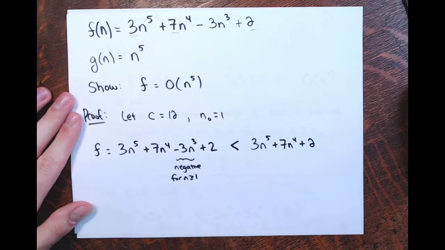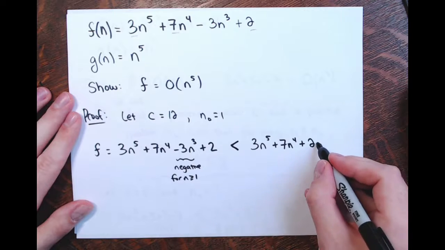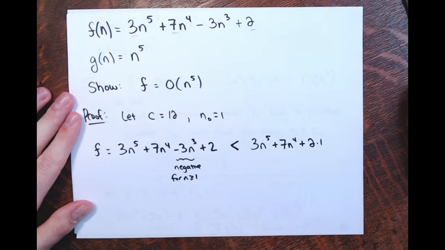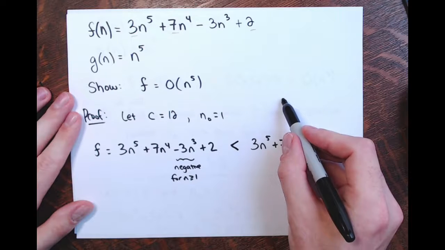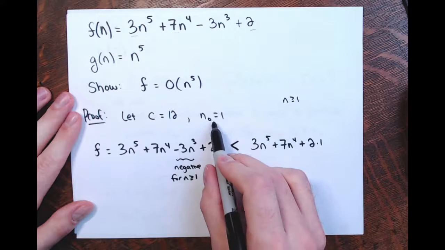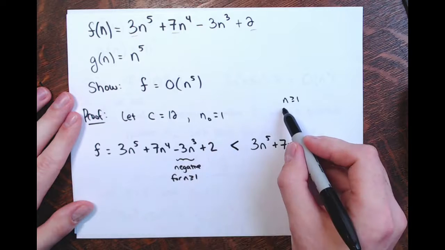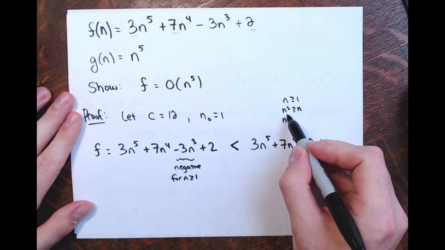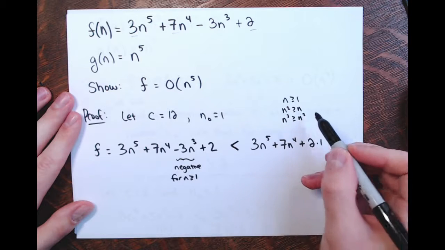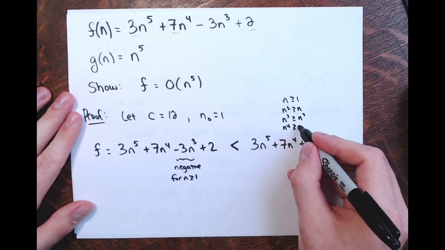And I guess you could call this 2 times 1. So we got n greater than or equal to 1 here. We're looking at 1 and beyond. Our n0 is 1. Well, that would mean that n squared would be greater than or equal to n. N cubed would be greater than or equal to n squared. N to the fourth would be greater than or equal to n cubed.